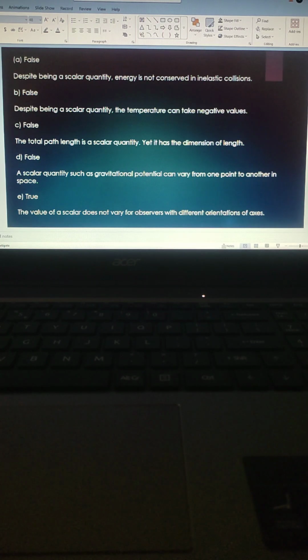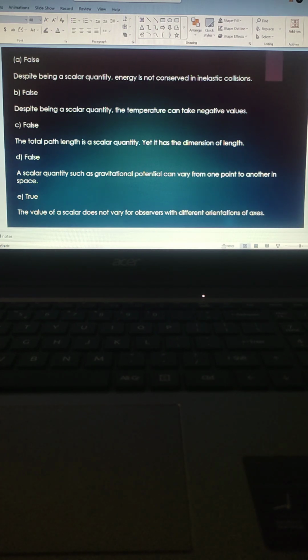The answer: the first one is false, because despite being a scalar quantity, energy is not conserved in an inelastic collision. Second one is false, because despite being a scalar quantity, temperature can take negative values. Third one is false.